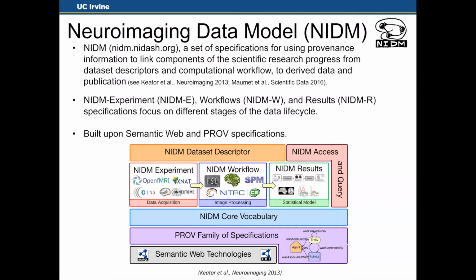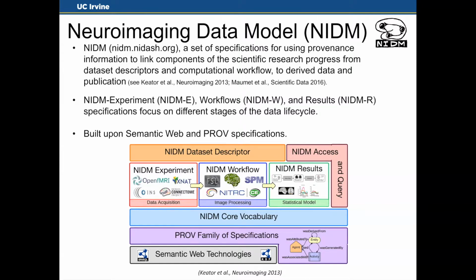There's a NIDM Experiment component, which we'll talk about on this call, which aims to capture metadata about experiments and provide a structure and model for people to describe information, using linked data and semantic web principles and all the tooling needed to facilitate that.